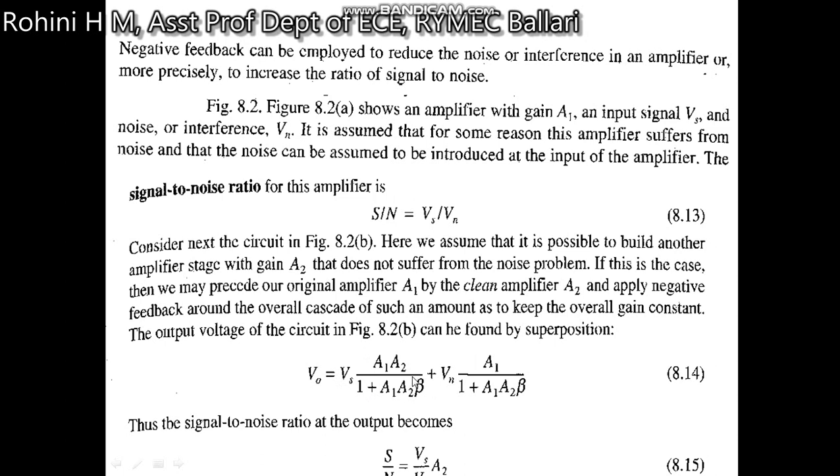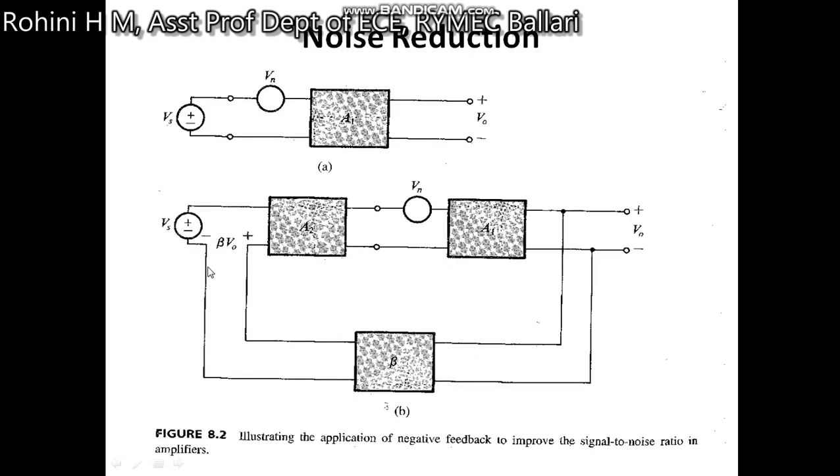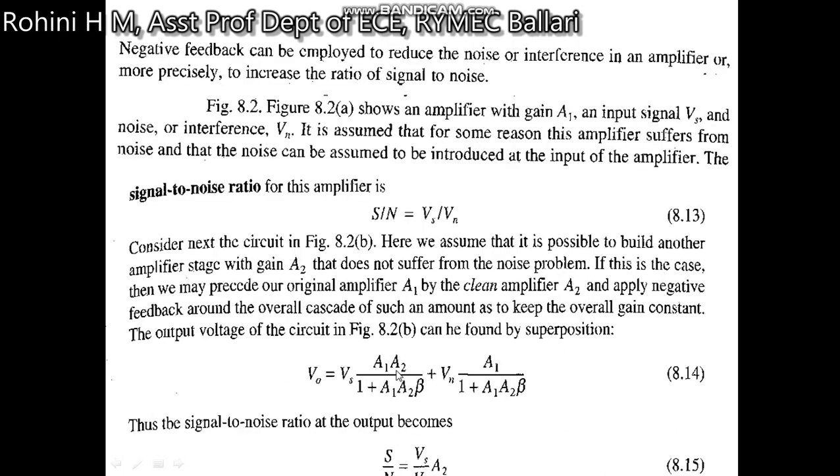The first term of our output expression is the input divided by the amount of feedback, 1 plus A1 A2 into beta. There are two amplifiers in this case, and the input is applied to these two connected amplifiers, so that's why this is the expression.